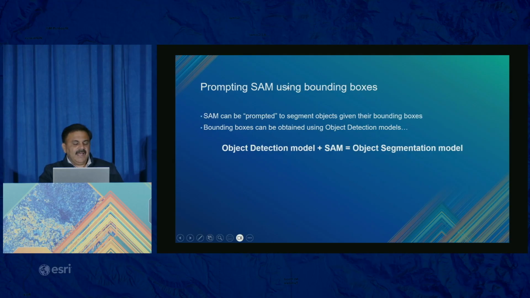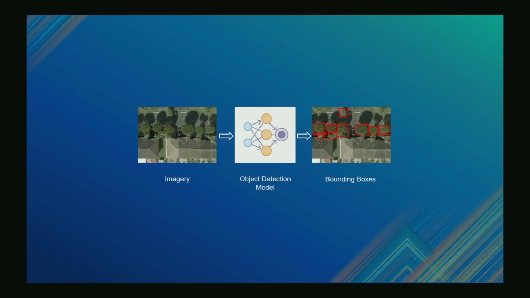So SAM can actually be prompted using points or bounding boxes. So if we give it a bounding box, or we pair it with an object detection model, then we can have SAM segment that model. So this is pictorially a representation of that. So let's say we already have a model to detect trees. And by detection, we mean we only get the bounding boxes of the trees.